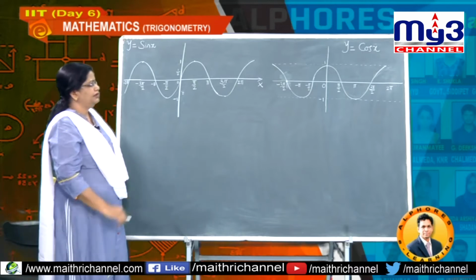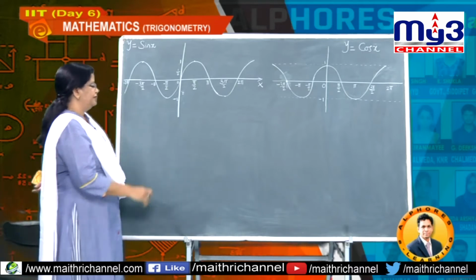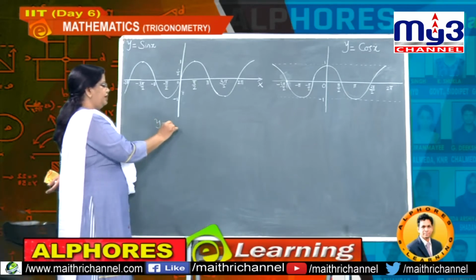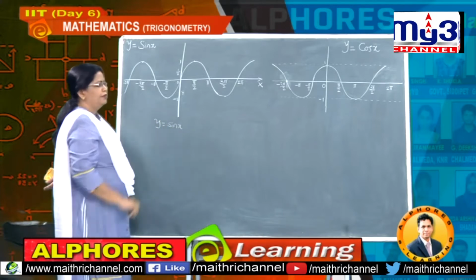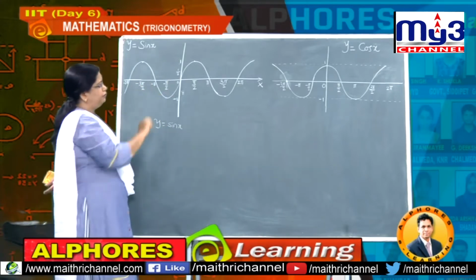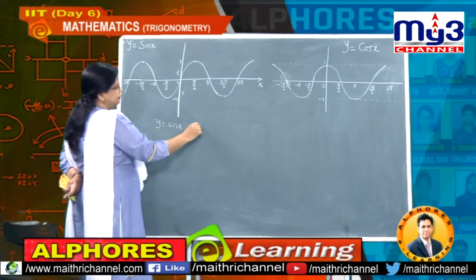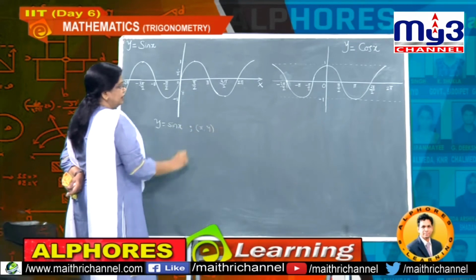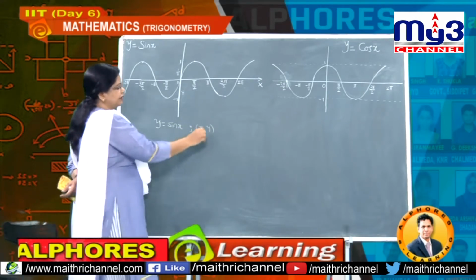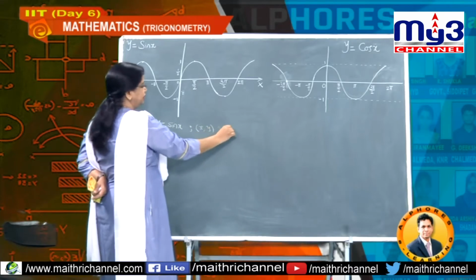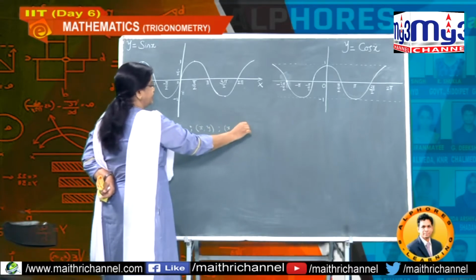What are our observations from this one? First of all, whenever you have taken y equal to sin x, what about each point on the plane? Each point is of the form x comma y, and here what is that y value? That y value is nothing but here x comma sin x, okay.